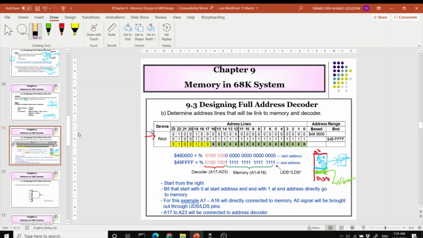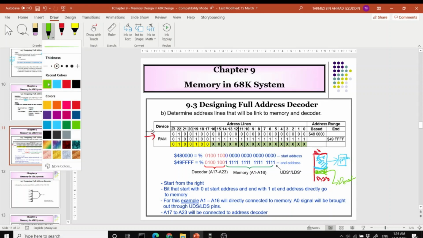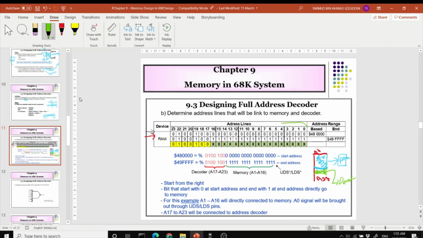For example, if you can see over here, starting from 0 to 16, let me use green color for this. From 0 to 16, all of this part here changes its value from 0 to 1.